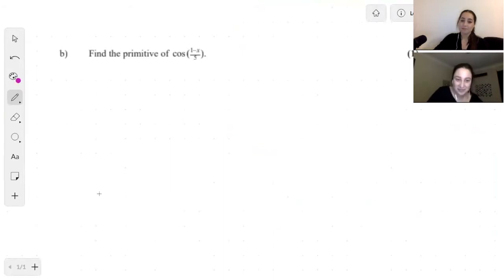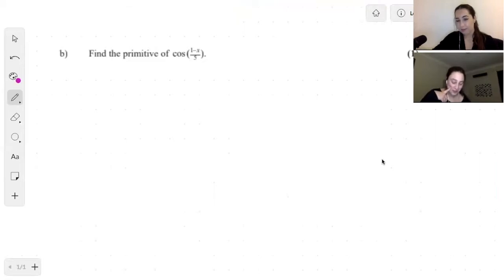Okay, so cos of 1 minus x over 5. Do we flip it and put it out the front?